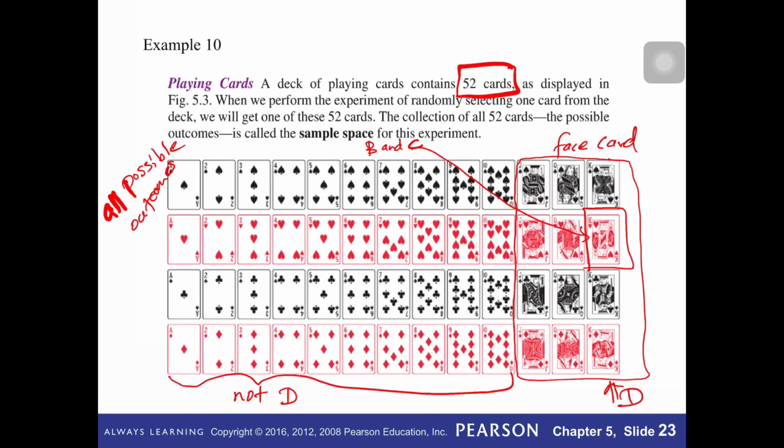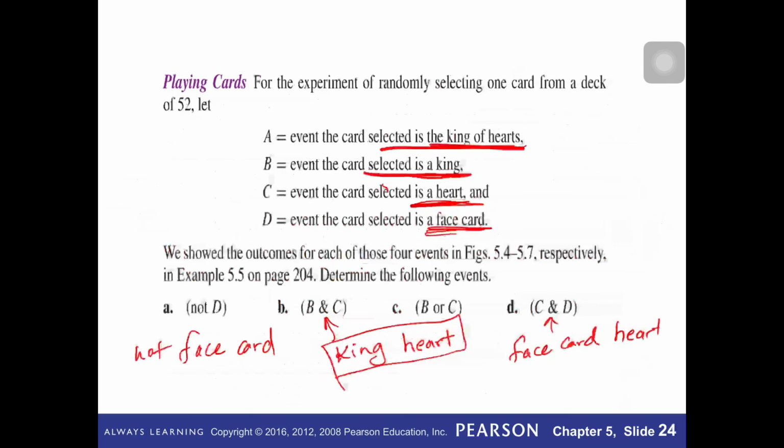It should be a face card, but definitely at the same time it should be a heart. So these are the face card hearts. This one, right? So this one becomes C and D. Okay. I think you can get a rough idea. So please try to do this example again.